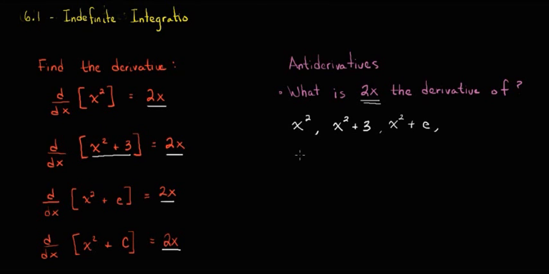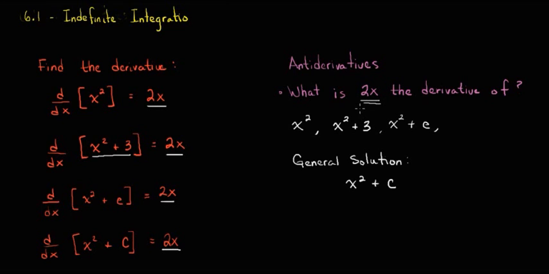So in general, my general solution, this is what we call a general solution, would just be x squared plus any constant c. And so what I'm essentially saying is that if I take the derivative of any function that looks like this, I will get 2x as my derivative.